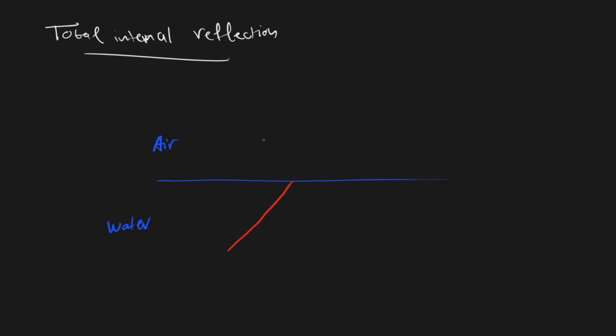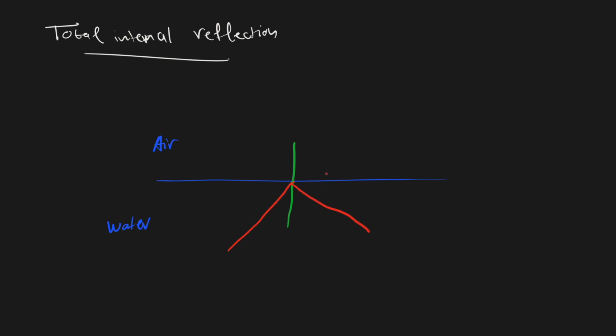And what happens to this beam of light, if we draw the normal as well here, is that it will not refract, but it will reflect. So it is only one case when this happens.